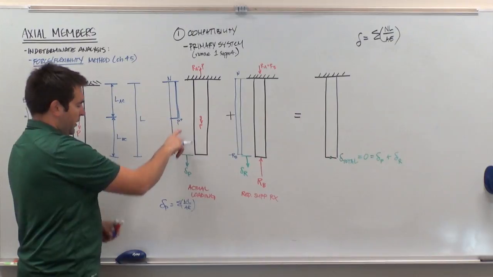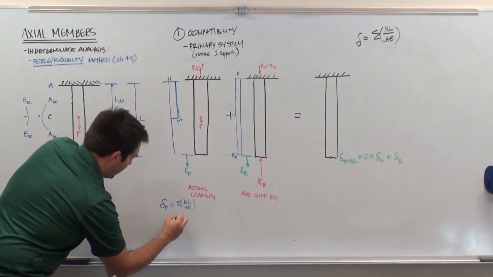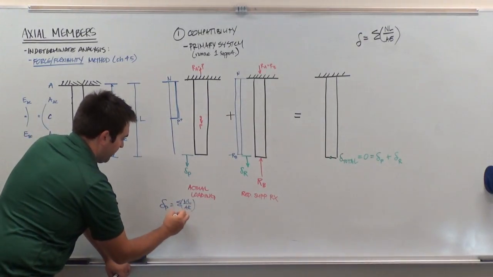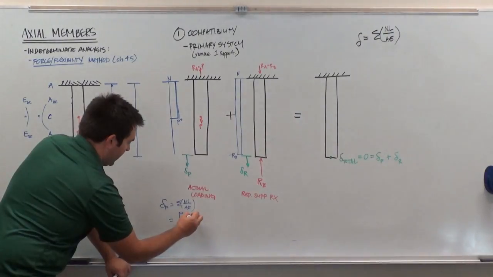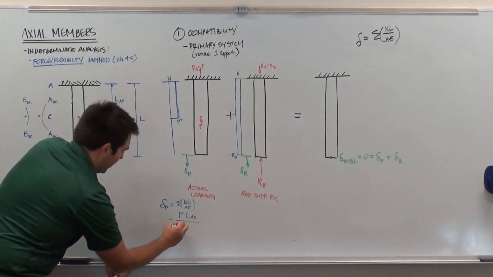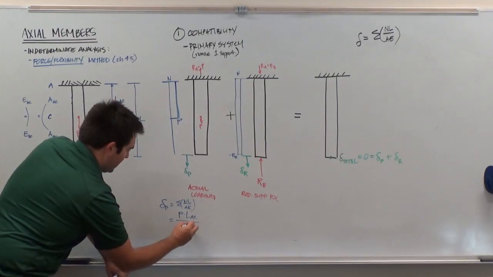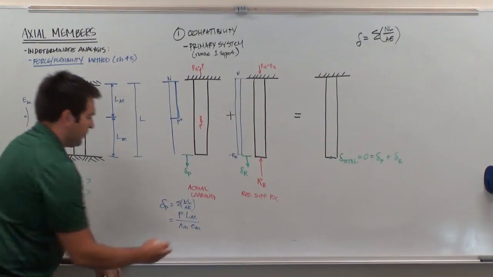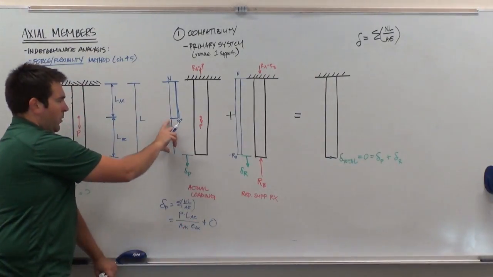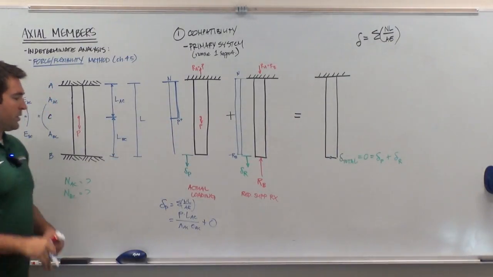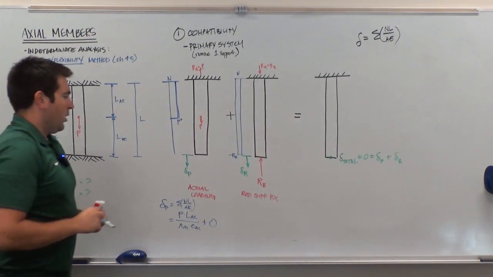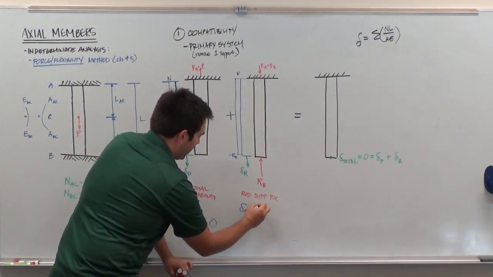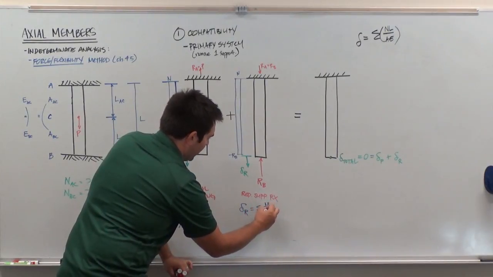N just happens to be equal to P, and L is the length of member AC, so I get P times the length of member AC, divided by the area of member AC, times the modulus of member AC. Plus 0, because there's no deformation of this bottom portion because there's no normal force. Over here, the deformation due to the redundant support reaction is the same thing, equal to the summation of NL over AE.